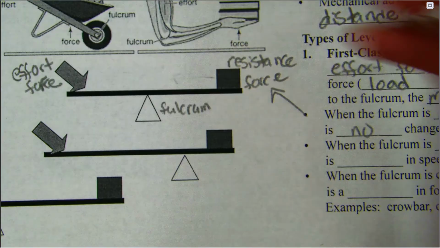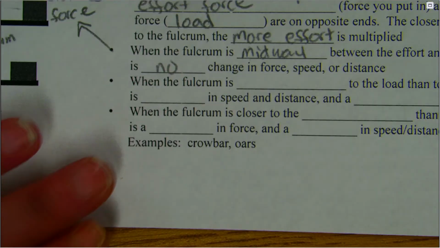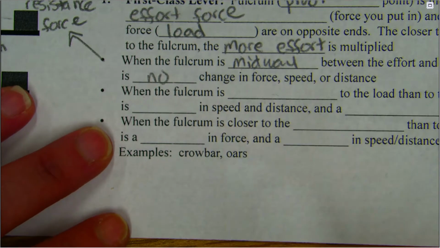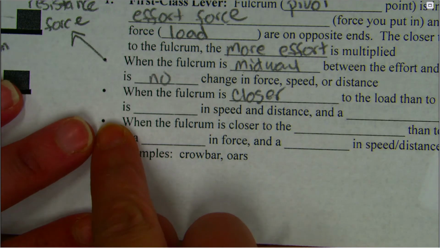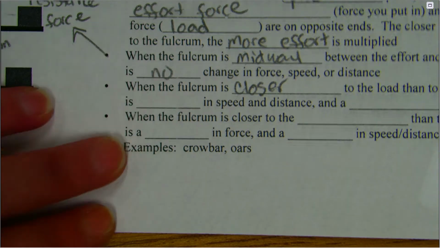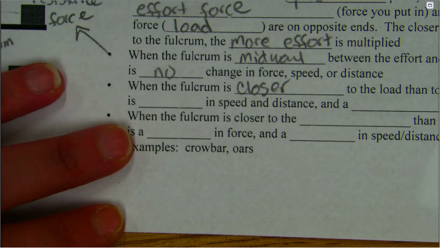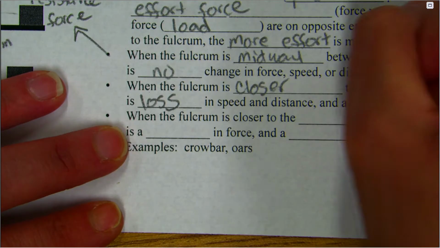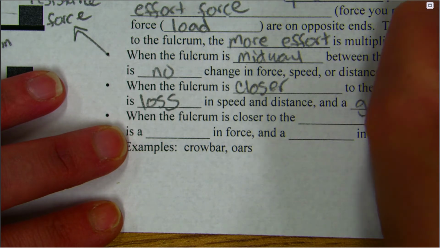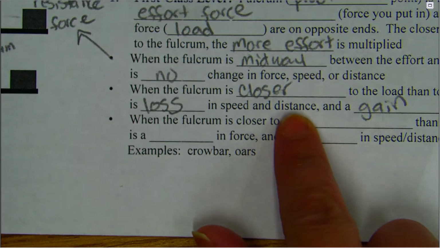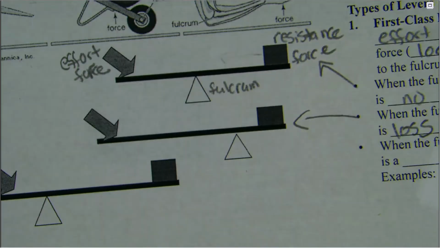When the fulcrum is closer to the load than to the effort, there is a loss in speed and distance, but a gain in force, and that is our second one.